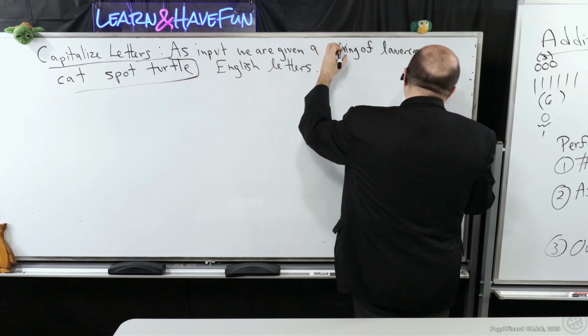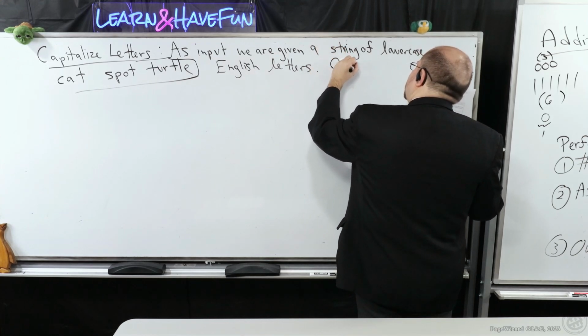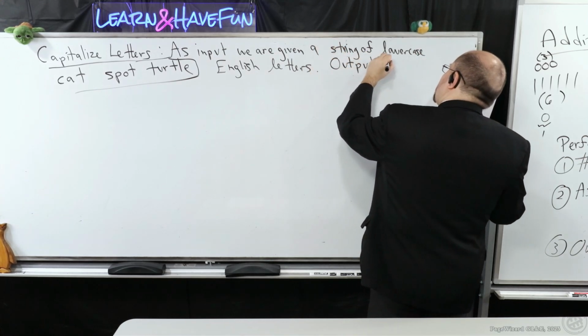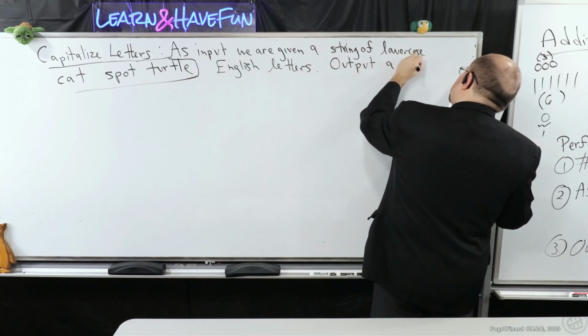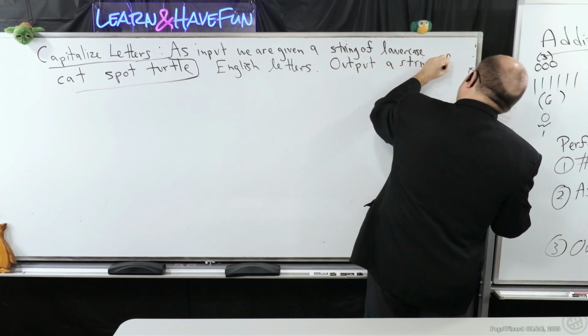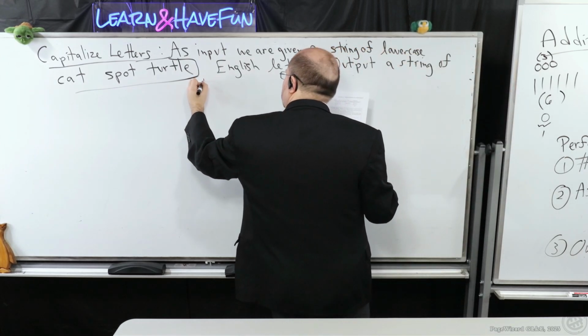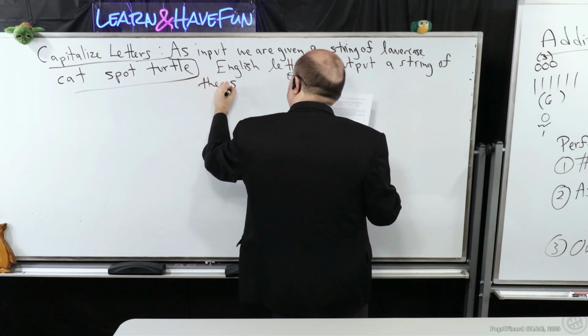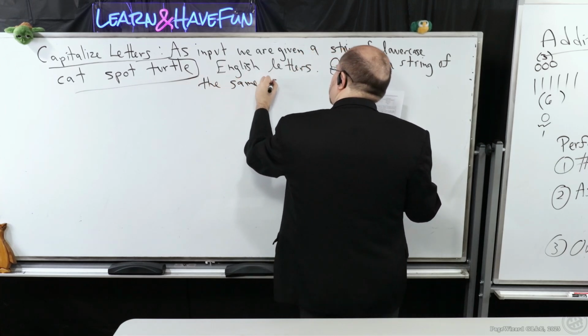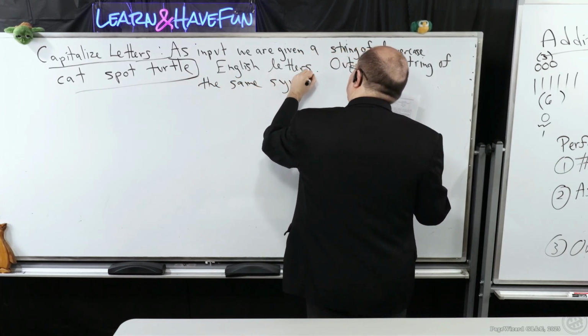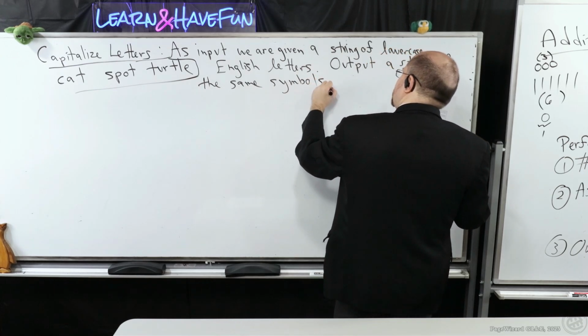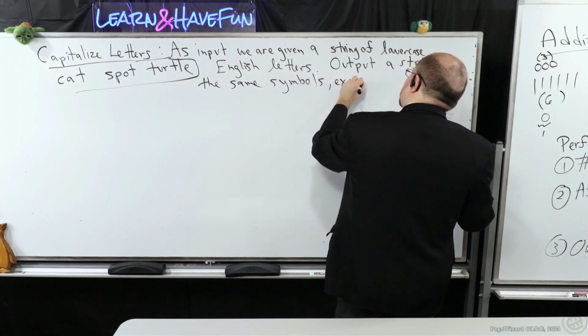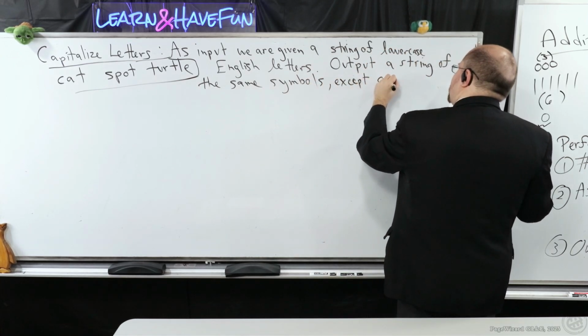So what I would like to do is I would like to output a string of the same symbols except capitalized.